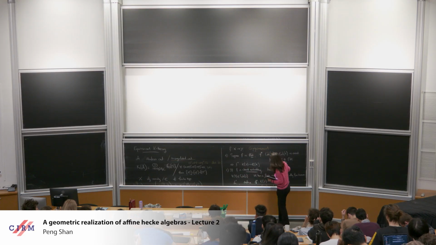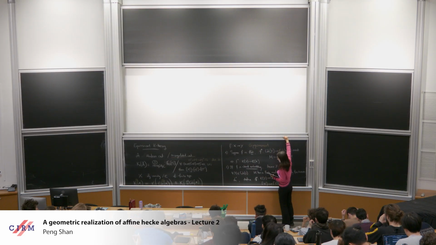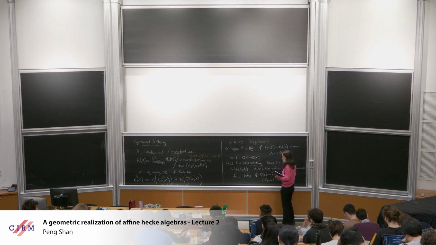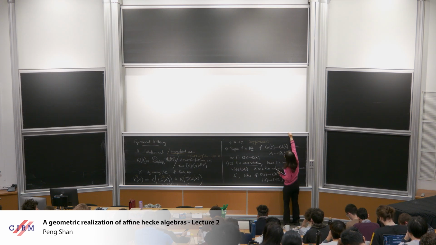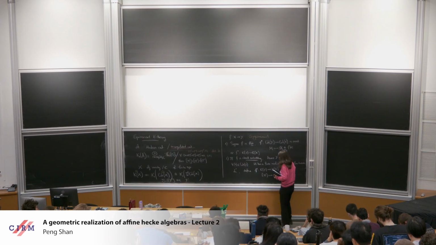And then all I said here still holds. You need some work to show that it still holds. For example, here you need to show that there exists some G-equivariant locally free resolution, but it's true.